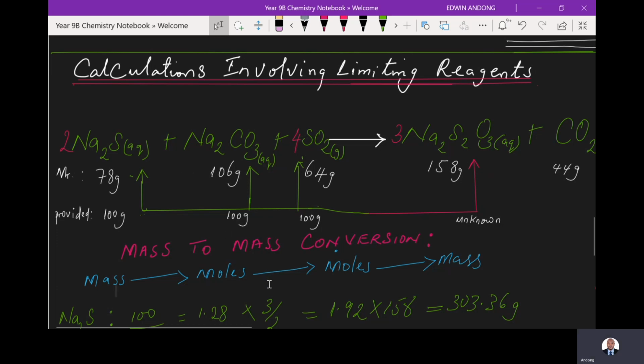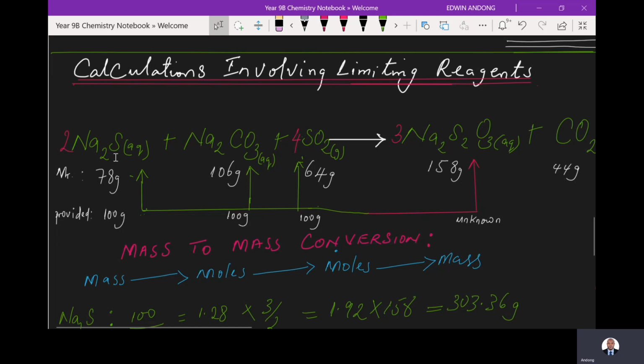The first thing you need to know, since we are told that all of them are 100 grams each reacting, the second thing you need to know is to calculate their molar masses.